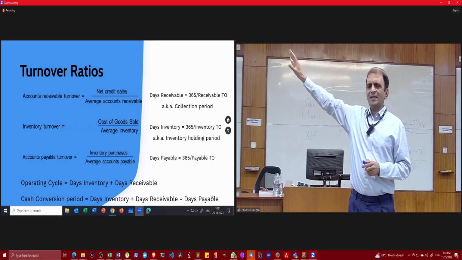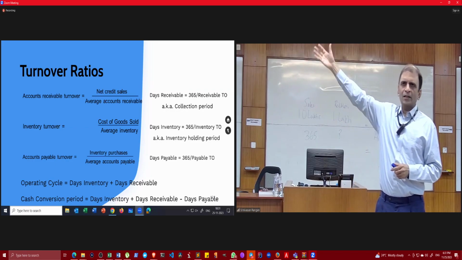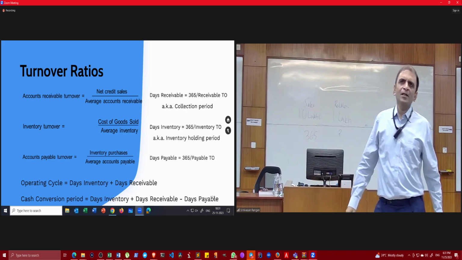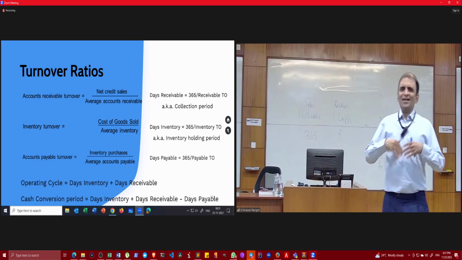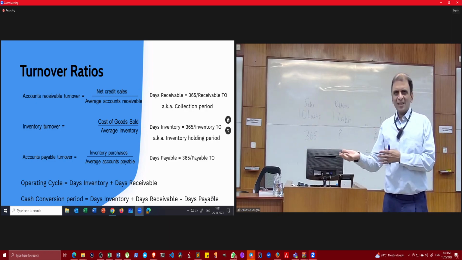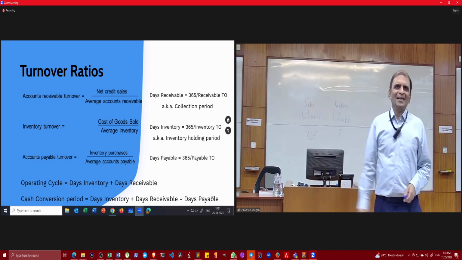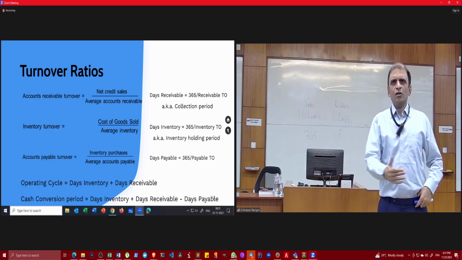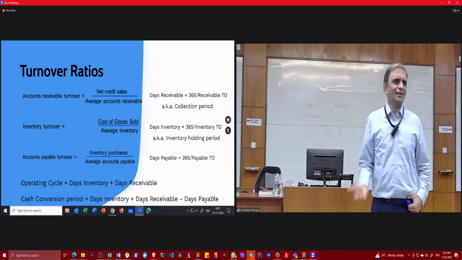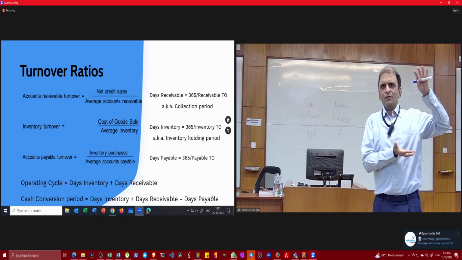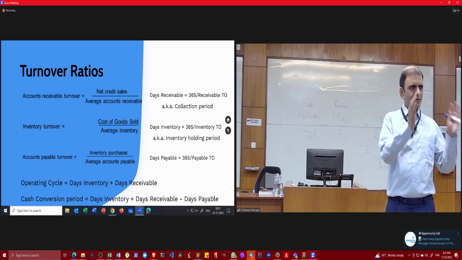I'm going to sell 100,000 units or 10 crores of stuff, and then I plan my production accordingly. What generally happens is you miss forecast demand and you're stuck with a lot of inventory, because you thought it'll be 10 crores, it didn't work out, marketing didn't do a great job, or the customers didn't materialize. You produced a lot and you're stuck with a lot of inventory. So that's the first kind of scenario.